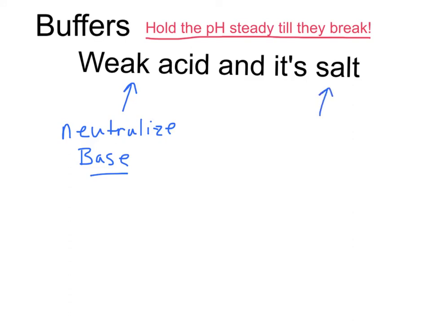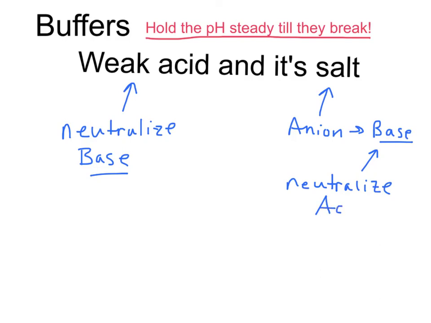The salt, actually the anion of the salt for a weak acid, or the cation for a weak base, is a base here, and it will neutralize any acid that is put into the system until the buffer breaks, until I don't have any more of the salt left over to take care of that.